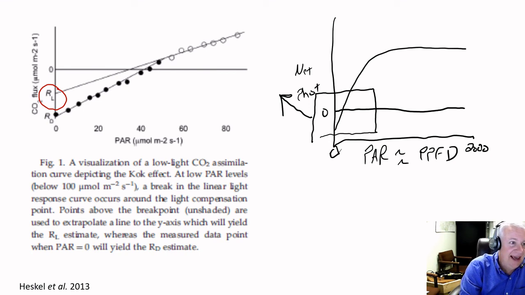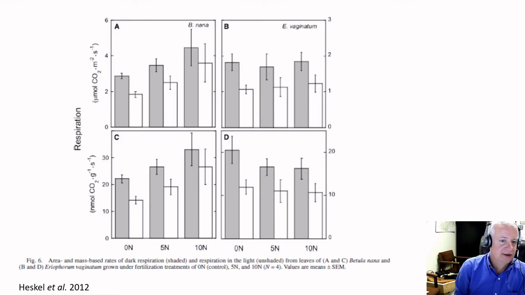And that number is actually lower. So that's pretty cool, and that shows that in the light, the mitochondria are less active. Pretty neat.